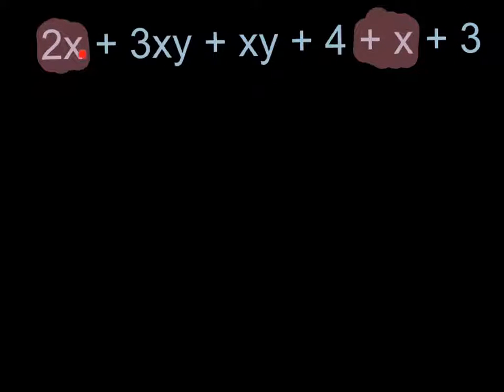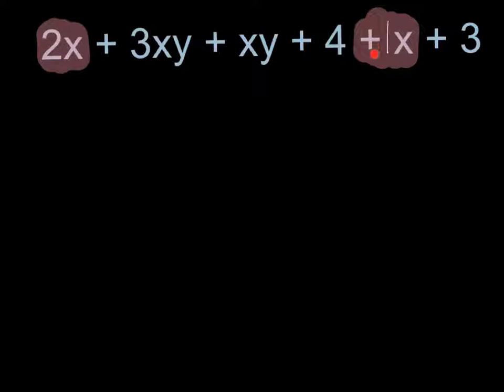So this one and this one are both my x terms. It doesn't matter that this one does not have a number because you know that it really has a 1 in front. So technically they both are terms with a coefficient and a variable. So we're going to call these our x terms.